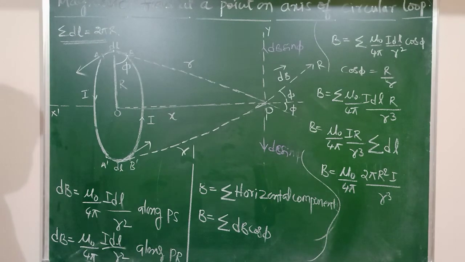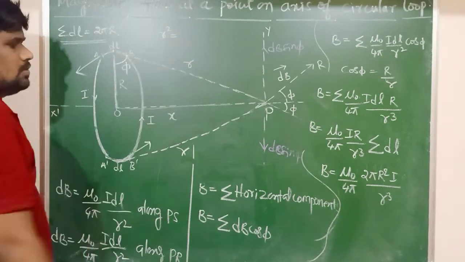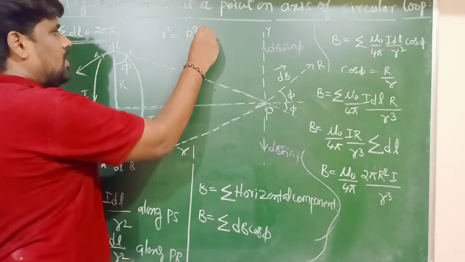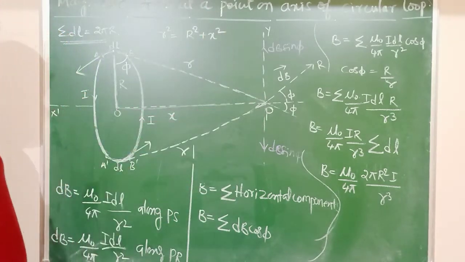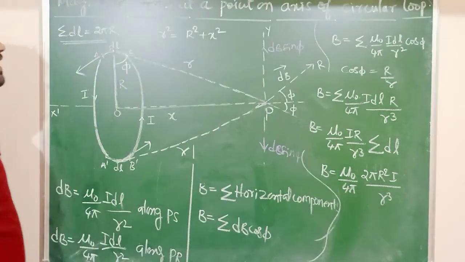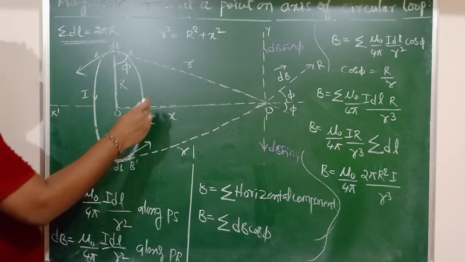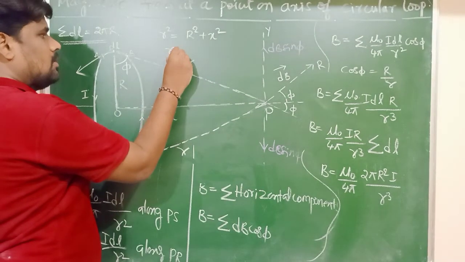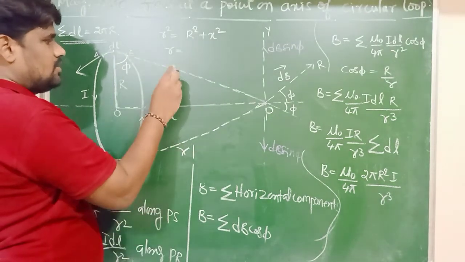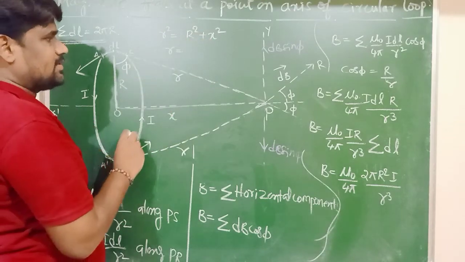Tell me how you are applying it here. Small r square is equal to capital R square plus x square. Then r is equal to root of R square plus x square.